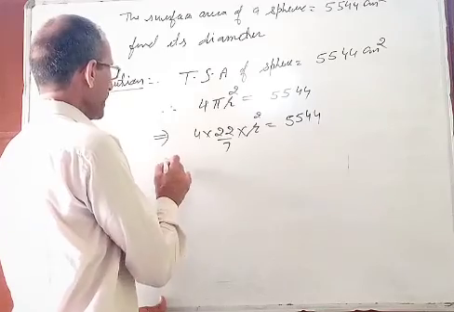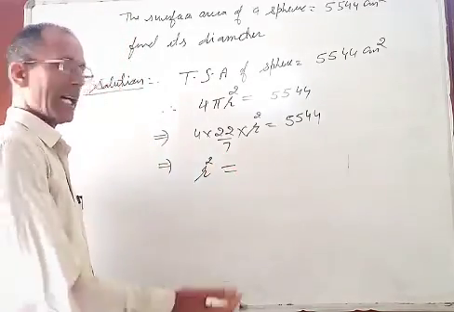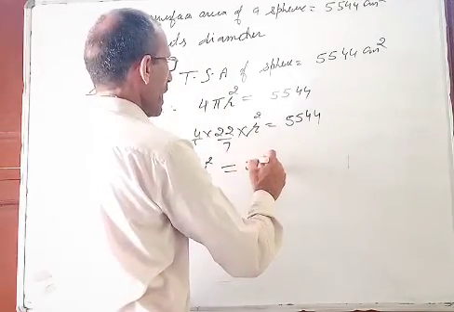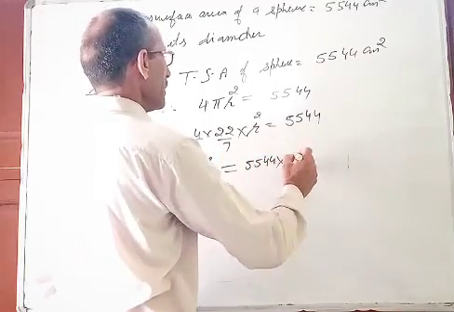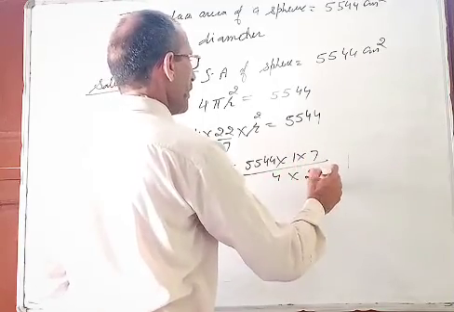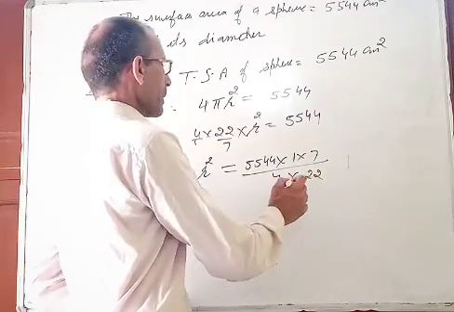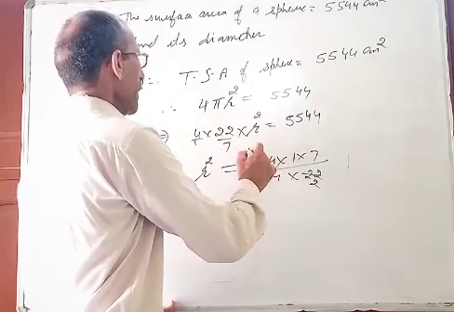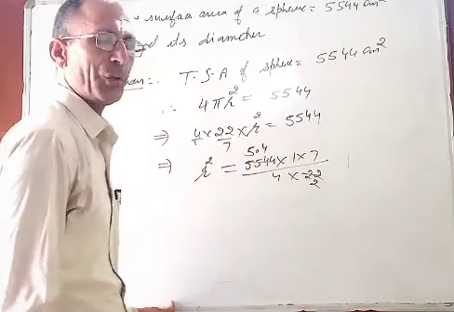To find the diameter, first we will find the radius. To find r square, we take 5544 and take the reciprocal, 1 by 4, 7 by 22. Now cut them. 11 2s are 22, 11 5s are 55, 11 4s are 44.